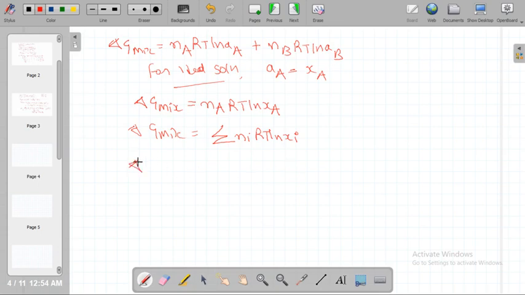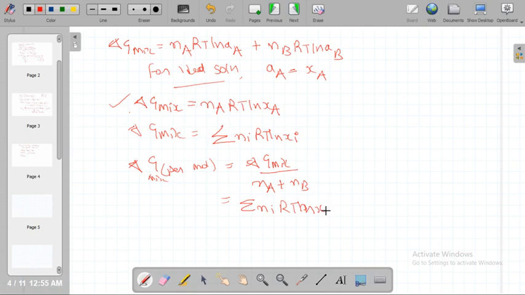So for per mole Gibbs free energy of mixing, this delta G of mixing is divided by the moles of component A plus the moles of component P. If we rearrange this equation, the summation ni RT ln Xi divided by nA plus nP.